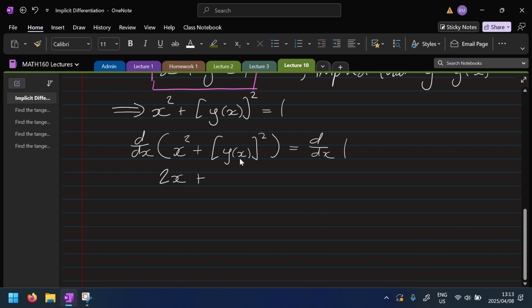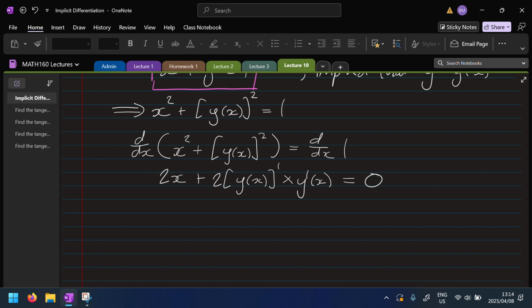We have y of x as our inside function, and then something squared as the outside function. So first the 2 comes down, so it will be 2 y of x to the 1 times, and then the chain rule says we need to take the derivative of the inside function, so that's y prime of x. And on the right-hand side, the derivative of a constant is going to be 0.